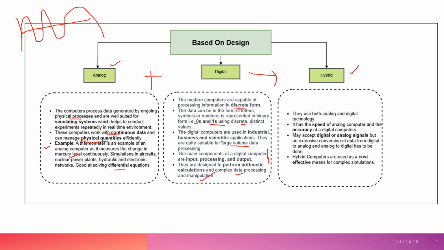Okay, so it has the speed of analog computers and the accuracy of digital computers. It can accept either analog or digital format as input, but it needs to do a lot of conversion from one signal to another. Hybrid computers are used as a cost-effective measure for complex simulations. So wherever we need to make the best out of analog and digital computers, we can use a hybrid computer.